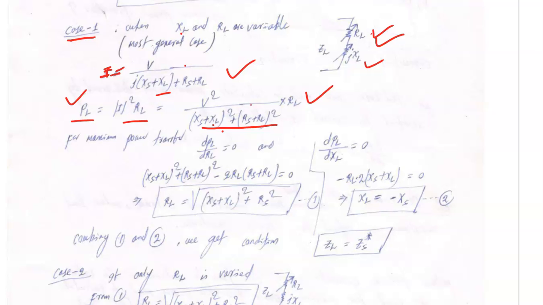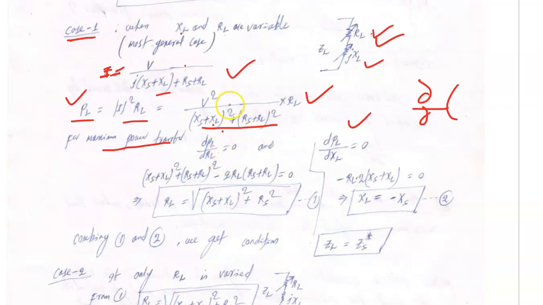You know from the maxima minima theorem in mathematics that when there are two-variable functions, we have to apply partial differentiation. So for maximum power transfer, take the partial differentiation of PL with respect to RL, and also the partial differentiation of PL with respect to XL. Though the symbol I have is different, I am doing the partial differentiation, just remember.